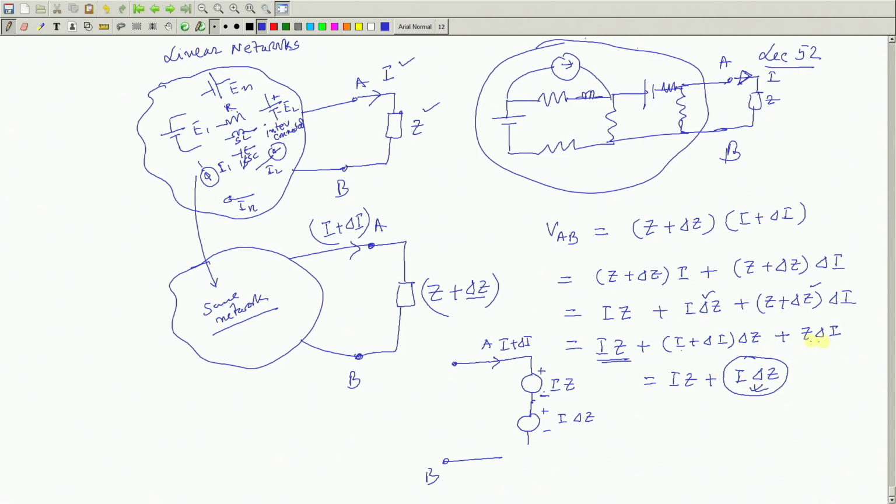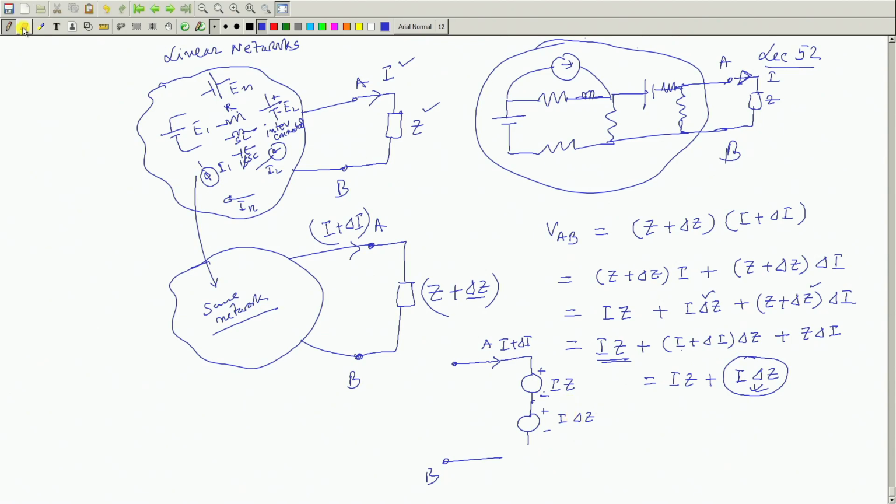What is that term? Got the point? I Z, then I plus delta I into delta Z. So, I into delta Z will be there.